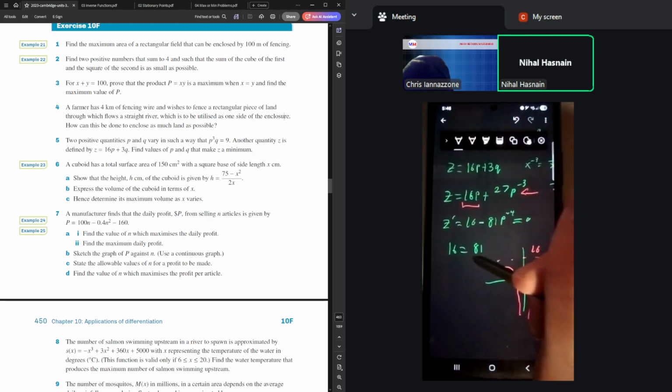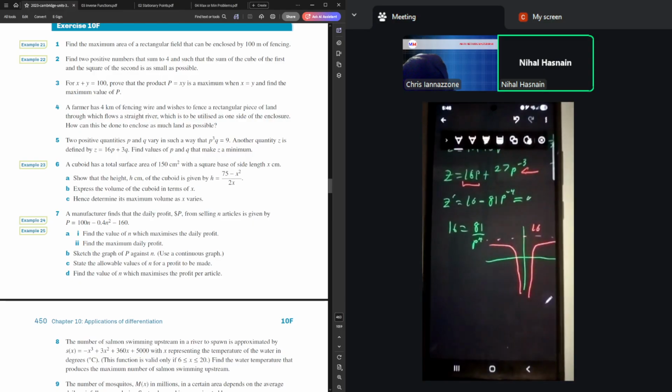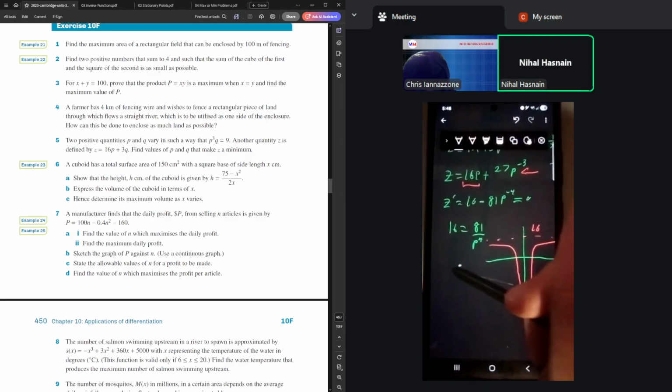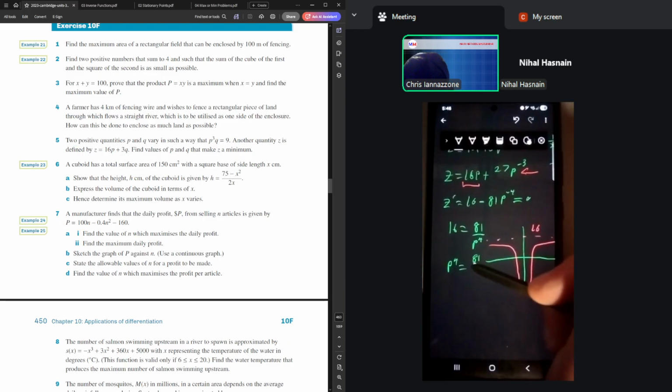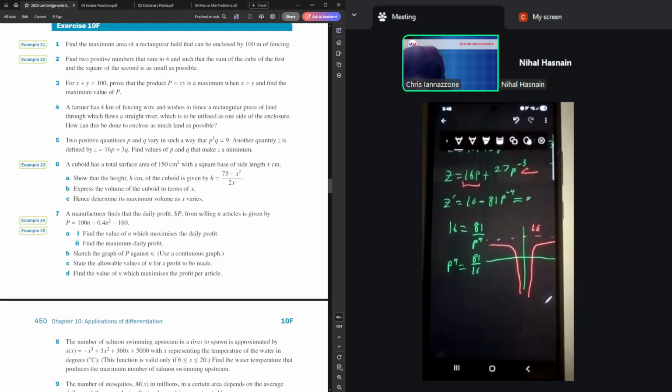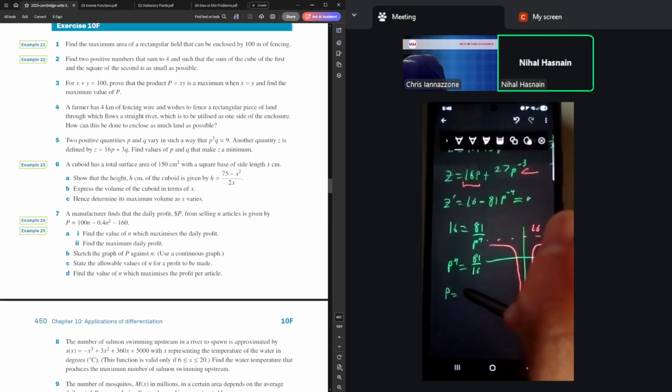So 81 over 16, and you can take the 4 to the other side. That makes it 3 over 2.